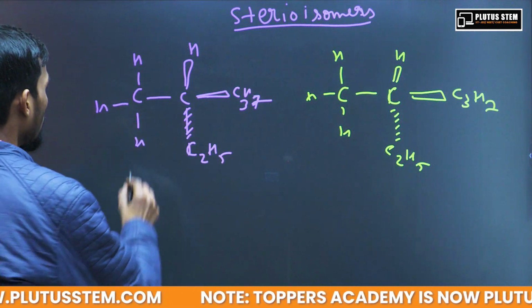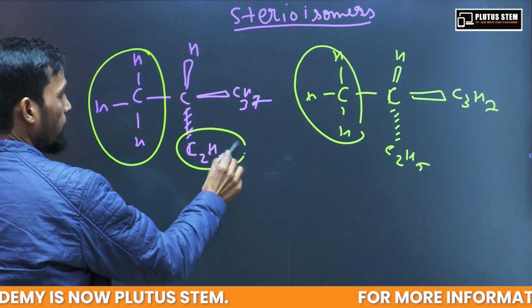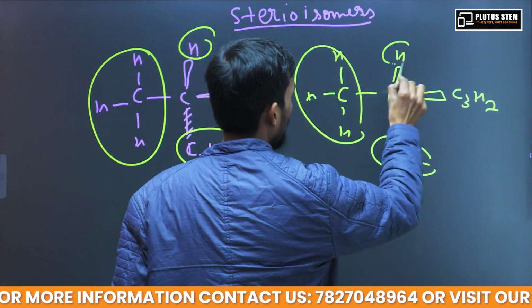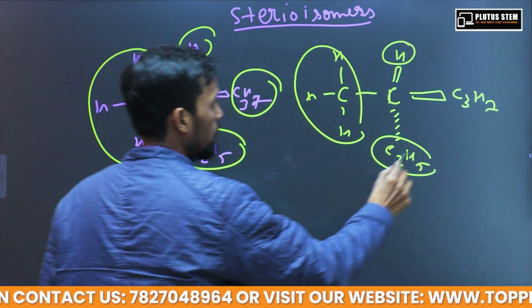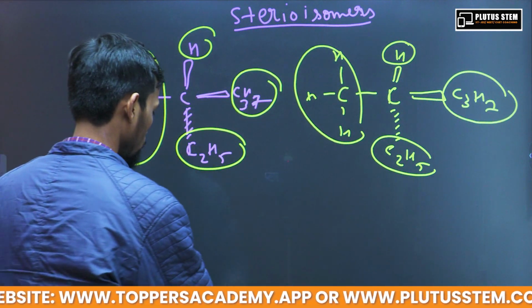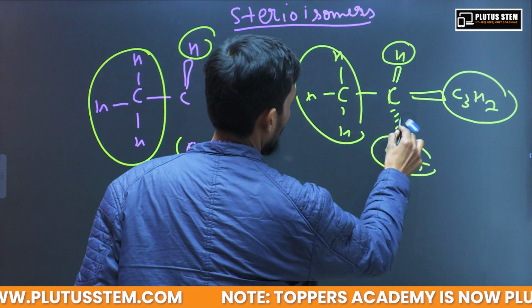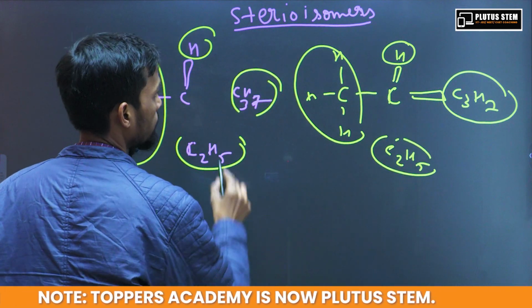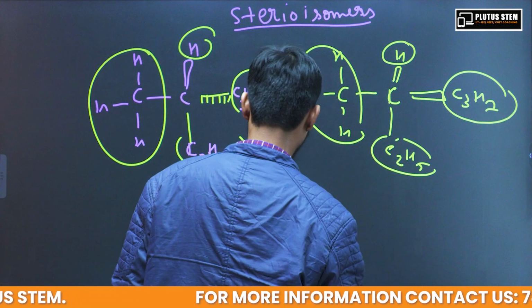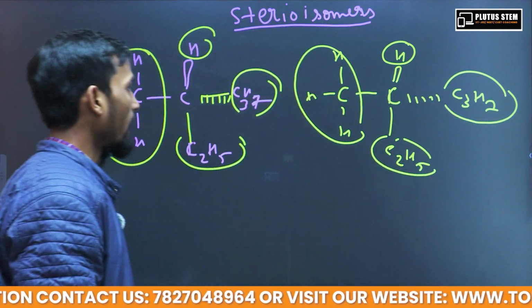If you see over here, this is CH3, over here CH3; this is C2H5, and this is C2H5 below the plane; this is hydrogen above the plane, and this is hydrogen above the plane; this is C3H7 on the plane, and this is C3H7 on the plane.